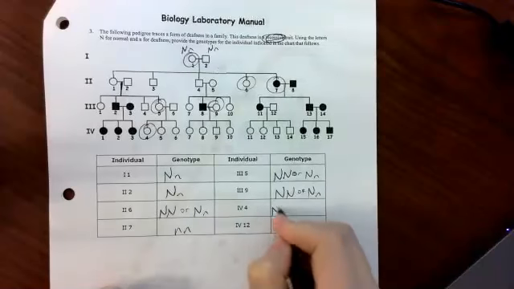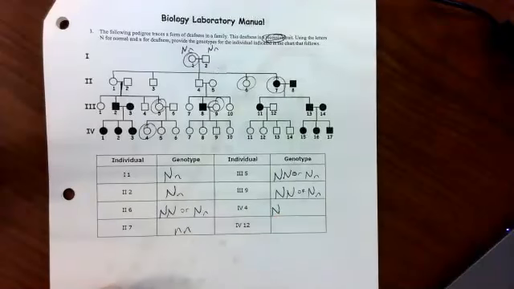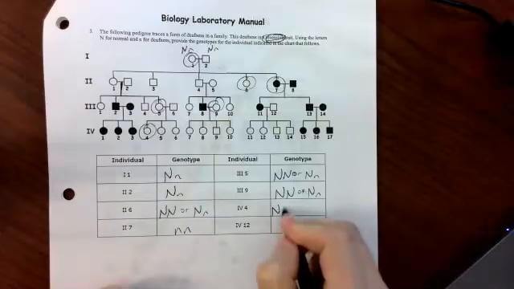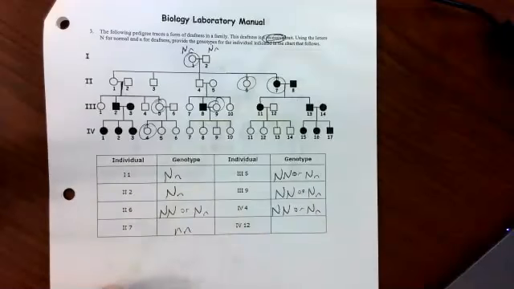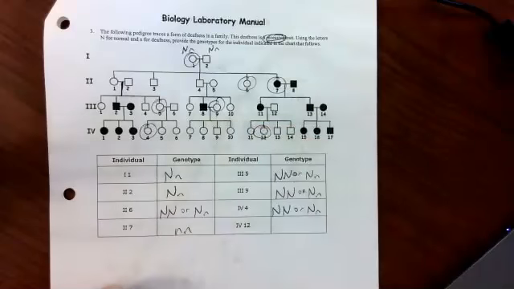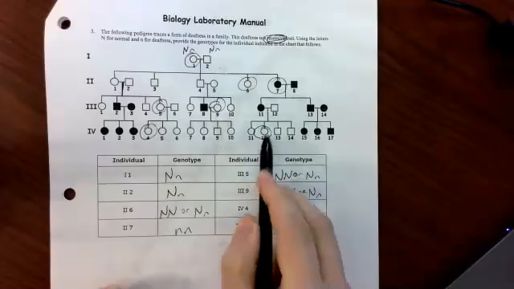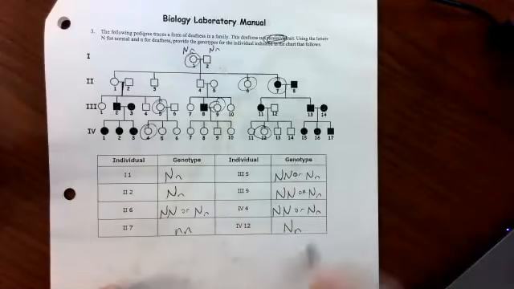So they're normal, so they're big N. Can we tell the other allele? I can't tell, so it's big N, or big N, little n. And row 4, number 12 is that individual. This individual is big N because they're normal. They have a parent, though, that was a dwarf, so they are big N, little n.